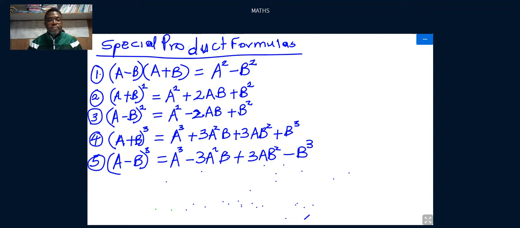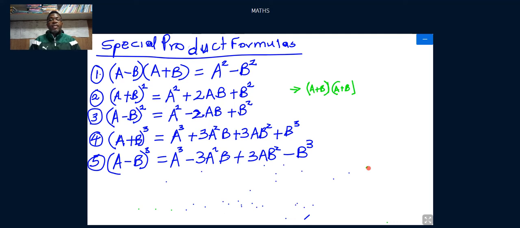On number 2, you have A plus B all to the power 2. What do you need to do here? What does it mean? A plus B, it means you can open 2 sets of brackets. Now remember exponents. We said exponents tell us how many times the base must multiply itself.